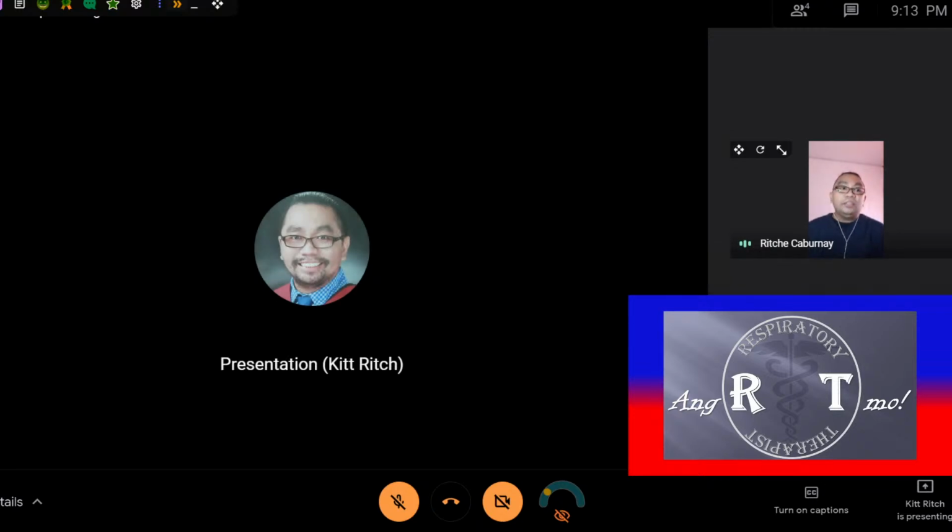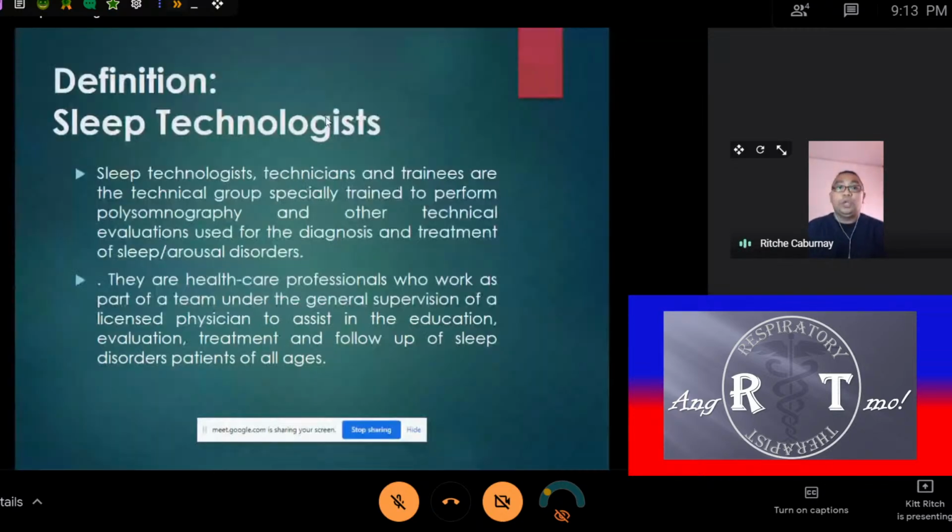Okay. Now, sleep technologists or technicians and trainees are technical groups specifically trained to perform polysomnography and other technical evaluations used for diagnosis and treatment of sleep arousal disorders. Supposedly, there's actually a difference between a sleep technologist and a sleep technician.